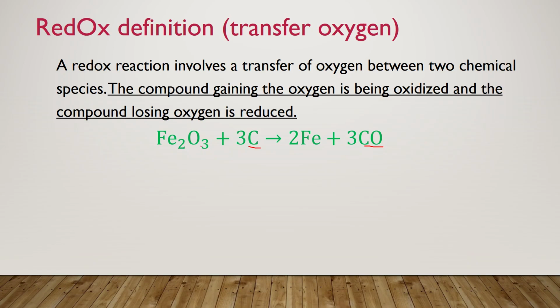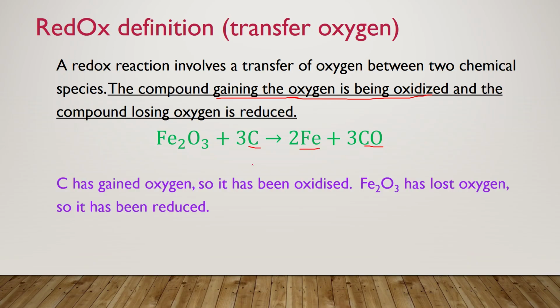So using our definition, carbon has been oxidized, and then the iron oxide species has been reduced by default because it has lost oxygen to form pure iron. So we can see that in our answer here.